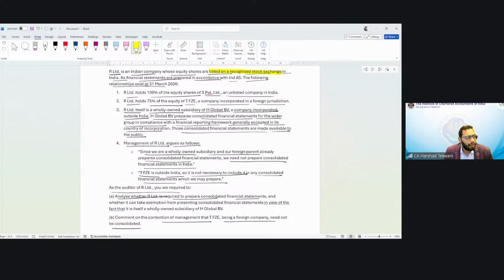Anyone else? Tell me one thing: where is it written that all the subsidiaries are required to be included, even those outside India? Where is it written?